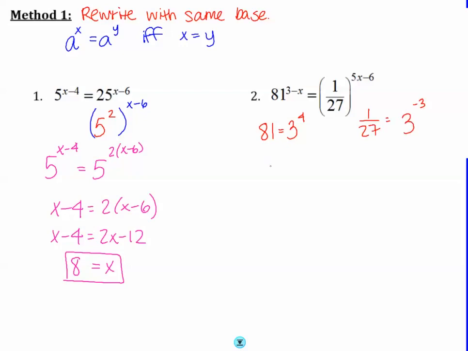So if I have 3 to the 4th power to the 3 minus x power equals 3 to the negative 3rd times 5x minus 6, then the bases are the same, and I can just focus on the exponents.